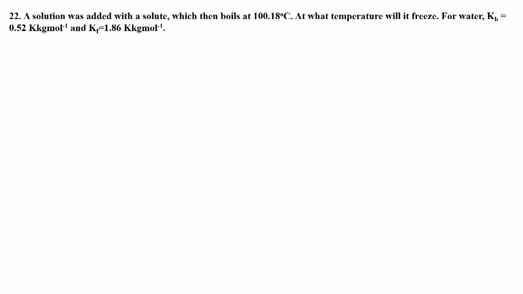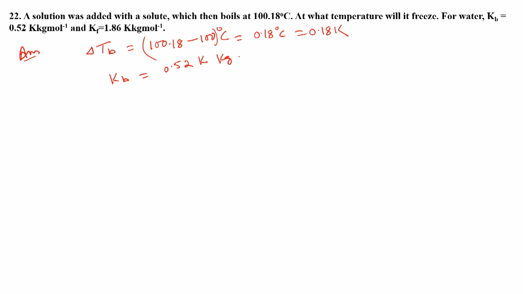So delta Tb is given. Delta Tb is 100.18 minus 100 degrees Celsius. So we get 0.18 degrees Celsius, meaning 0.18 Kelvin, and Kb is 0.52 Kelvin kg mole inverse.